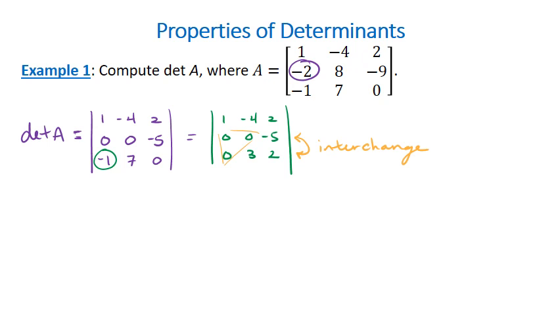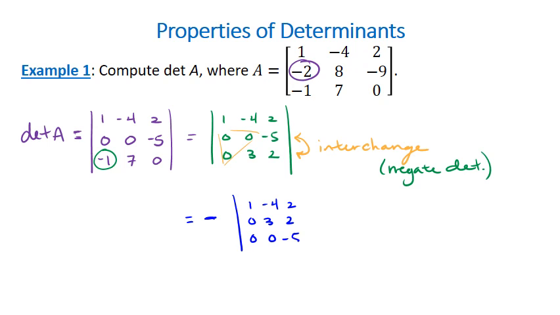And remember, according to that theorem on the previous slide, anytime I interchange, then I need to negate the determinant. Okay, so when I interchange, I end up with a negative. So the third row becomes the second. Oops, this should be a -5.